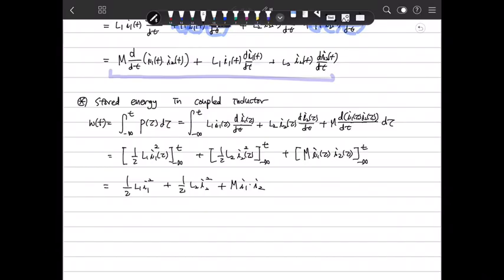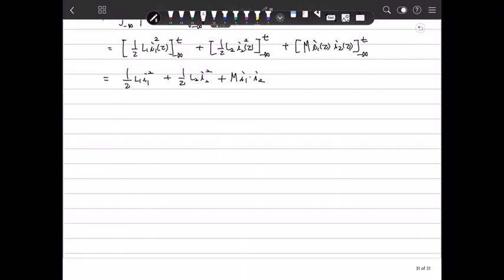So this is the energy stored in the coupled inductor. From there, we can get the variation, the range of M, the mutual inductance. Because the mutual inductance is a passive component, the energy should be positive.